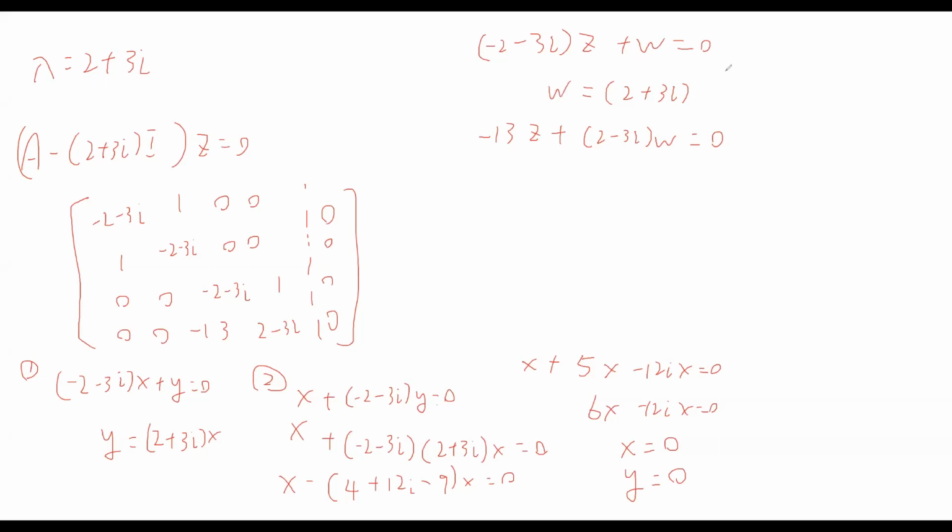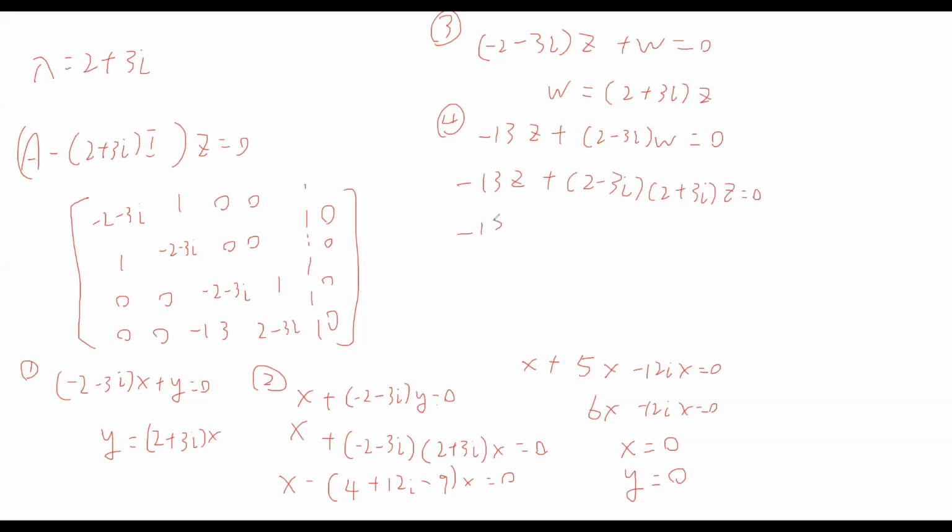So w is 2 plus 3i z. All right, that's from row 3. And row 4, here we have this, and plug in w. So we have -13z plus 2 minus 3i times w, which is 2 plus 3i z. Right? And that's a conjugate, so that's very nice.